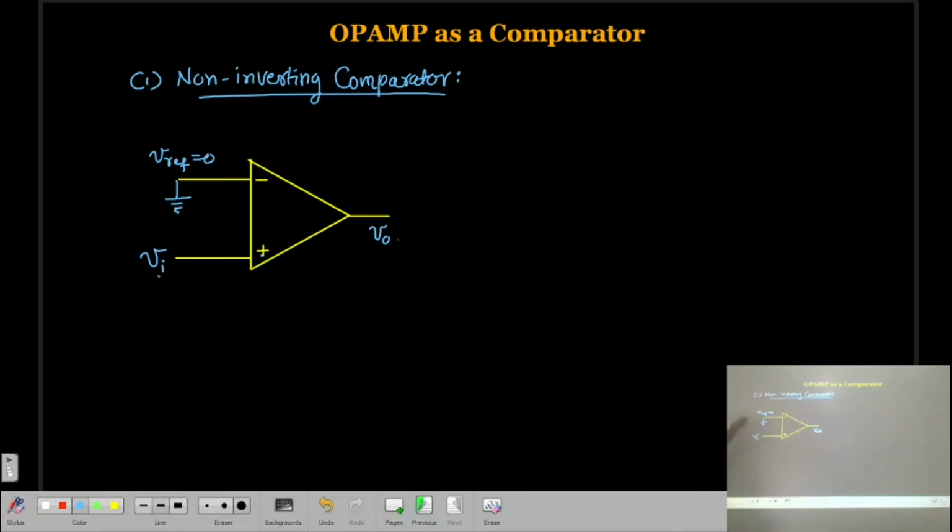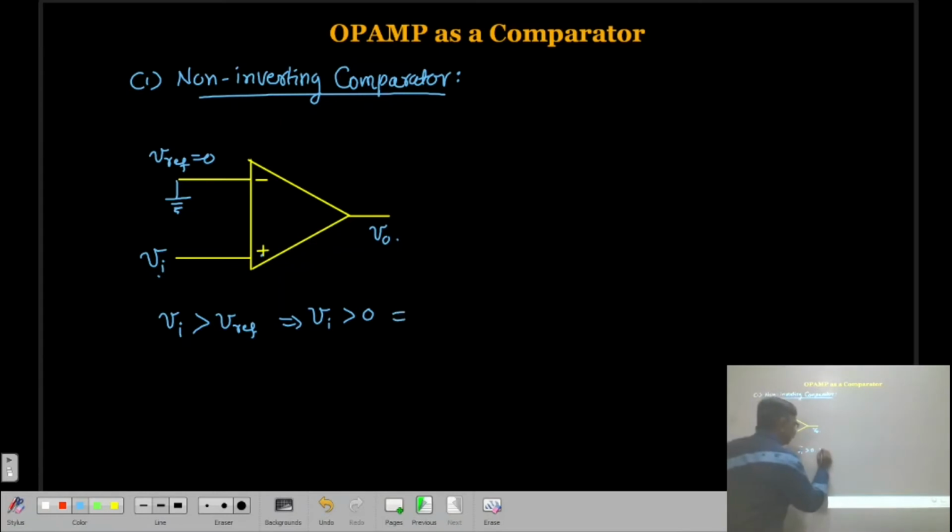Correct? So here we apply the same logic. Whenever my input voltage is greater than the reference voltage, what is the reference voltage? It is 0. Whenever my input voltage is greater than the reference voltage, or you can say the input voltage is greater than 0, means my input voltage is positive, in that case the output of the comparator will be in a plus V saturation, means it will be roughly plus 13.5 volt.